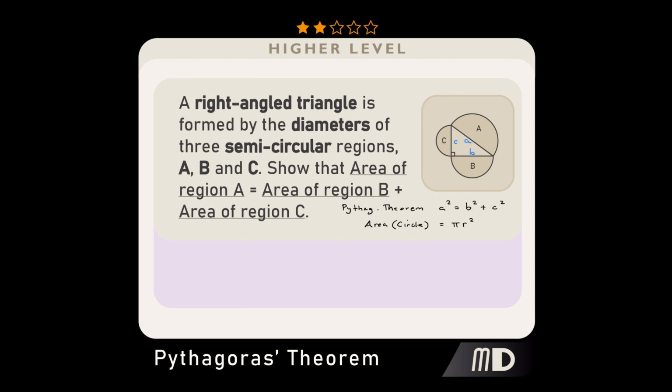So for region A, the radius is half of A. For B, the radius is half of B, and for C, the radius is half of C. Each semicircle is also half the size of each corresponding circle.